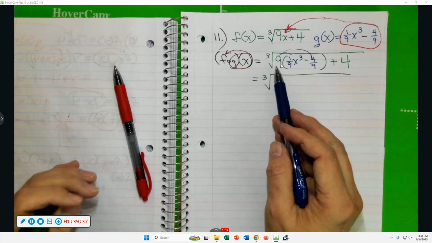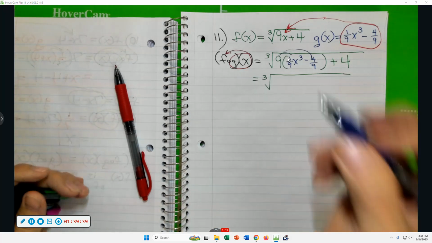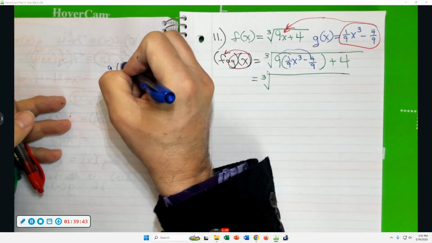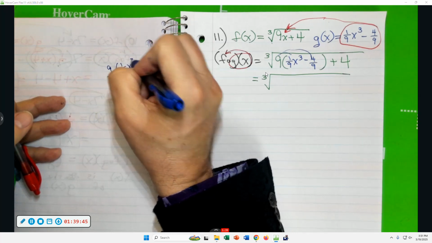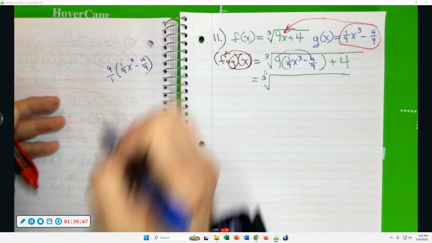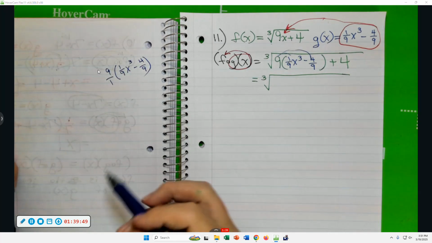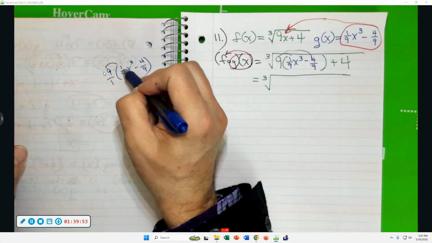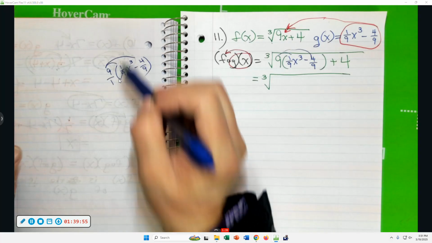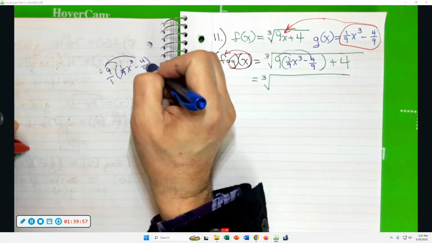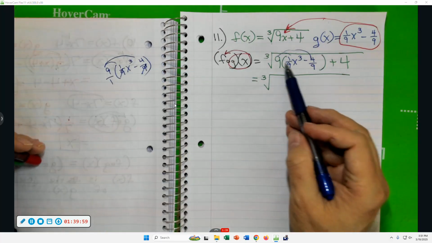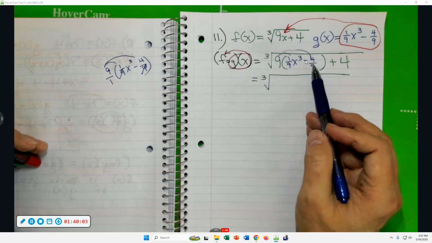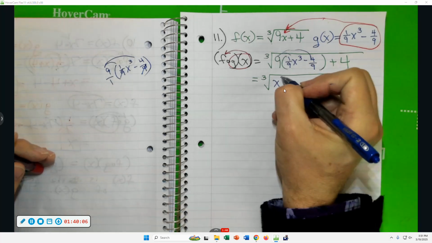Right. 9 over 1 times 1/9 x cubed minus 4/9. Here's my scratch work. What's going to happen here? The 9's cancel. Here, 9's cancel as well. So what's the only thing we have left here? Perfect. Yes.